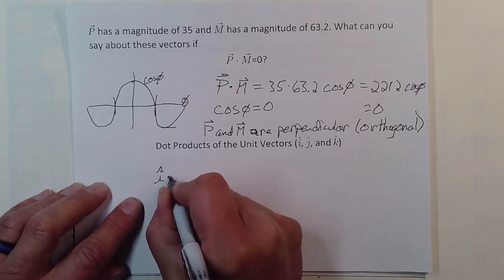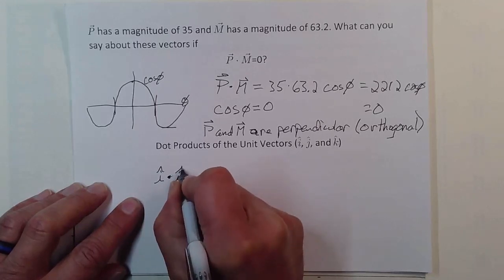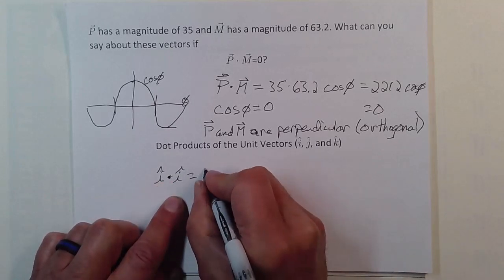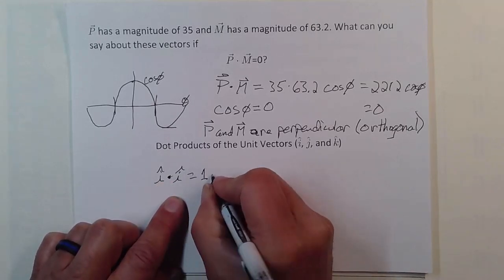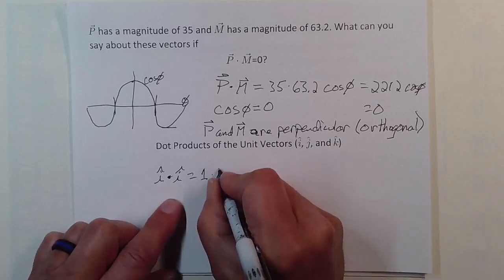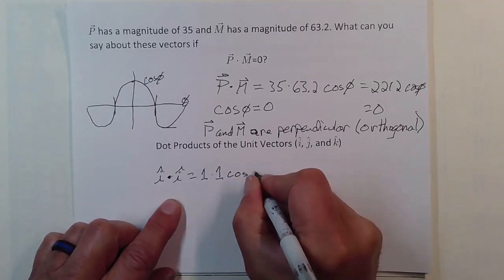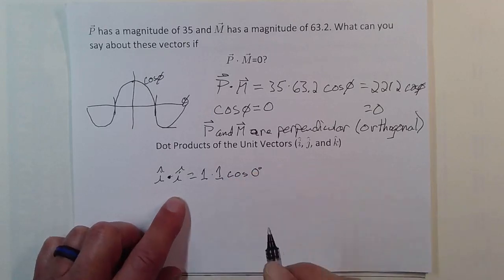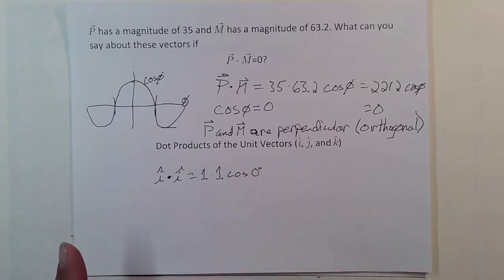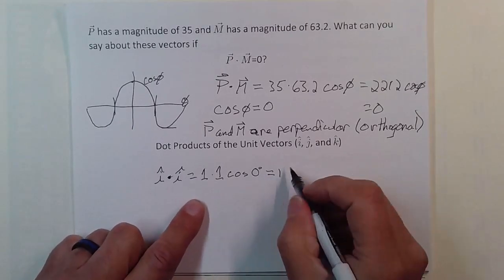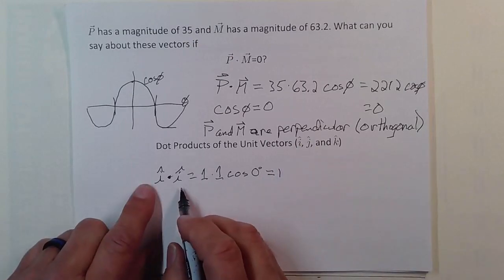So i hat dot i hat will equal the magnitude of i hat, which is 1, times the magnitude of i hat, which is 1, times the cosine of 0 degrees, because the angle between a vector and itself is 0 degrees. Well, that's just 1, which is the magnitude of that vector squared.